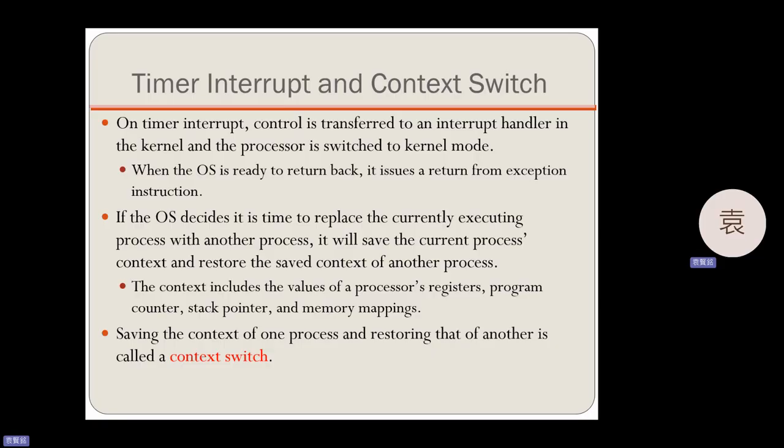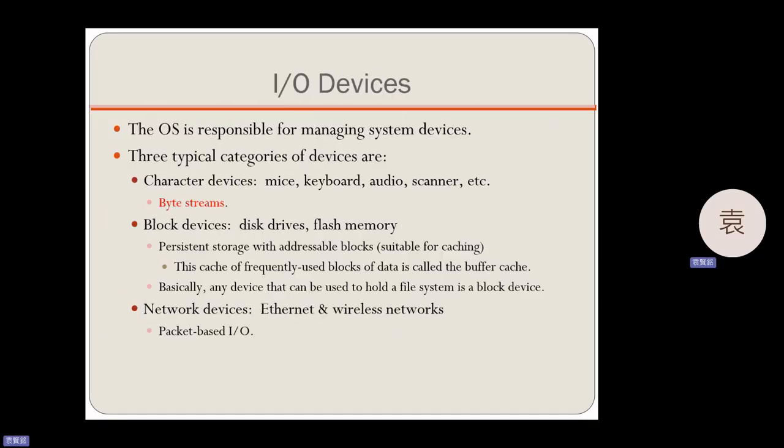A context switch contains two things: saving the context of the current running process, and restoring the context of the selected process. The two things combined together are context switching, and this in general happens when a timer interrupt happens.